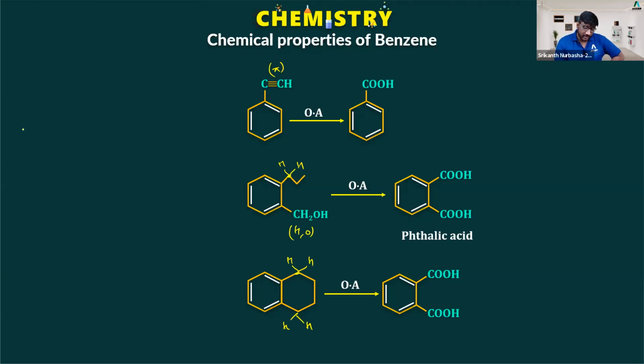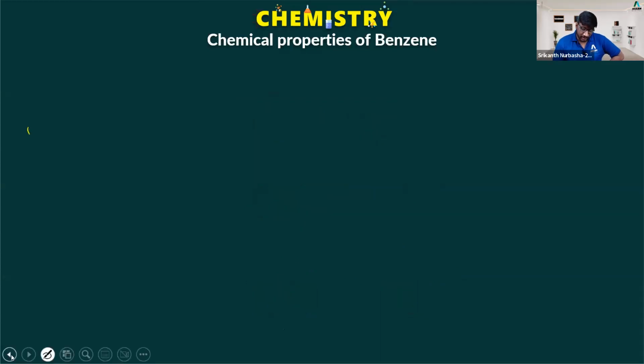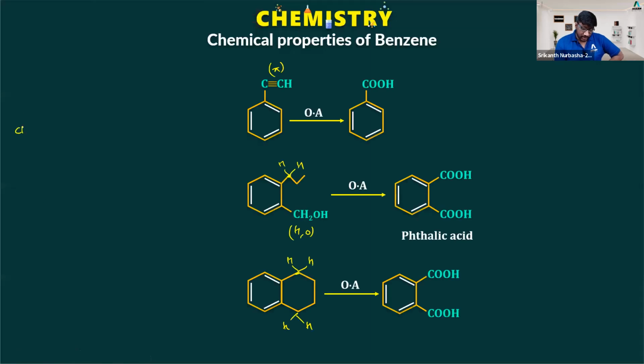So we'll have this type of reaction. CH3CH2COOH, Cl2 in the presence of red phosphorus followed by hydrolysis, we'll get CH3CHClCOOH. Now can I convert this carbon-chlorine bond to carbon-cyanide?